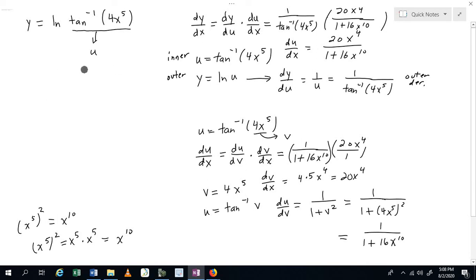Okay, so that's the final answer. And let's clean it up a little bit, but that's pretty much it. Here was our original function, and we wanted the derivative of y with respect to x. And of course, using the chain rule, it's this.